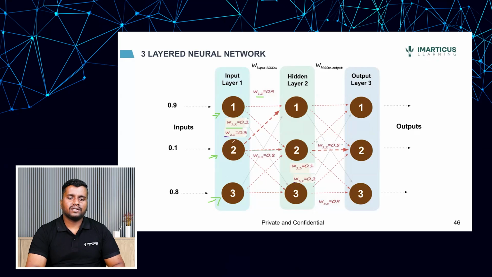Based on the weightages and importance given to each and every neuron, the output will be different, and this output is shared with the next hidden layer. Now this hidden layer becomes a deeper-level analyst. It analyzes the output given by each of these neurons in layer 1, 2 and 3.